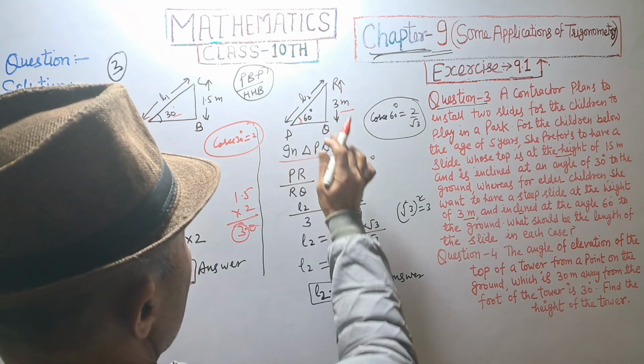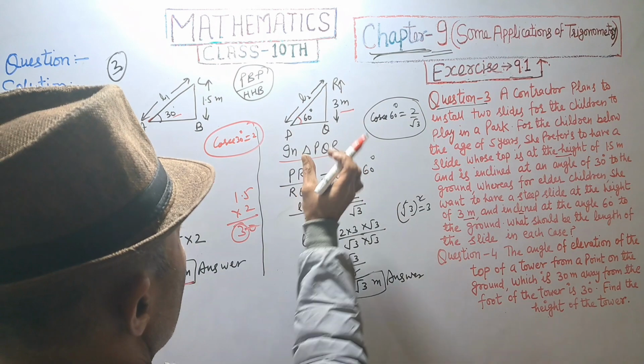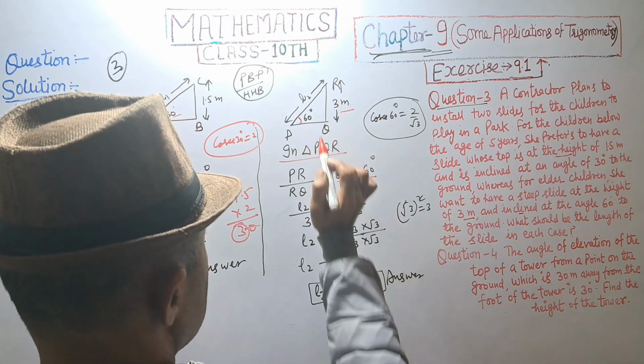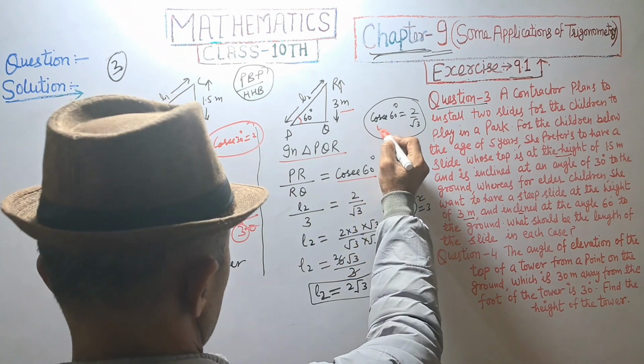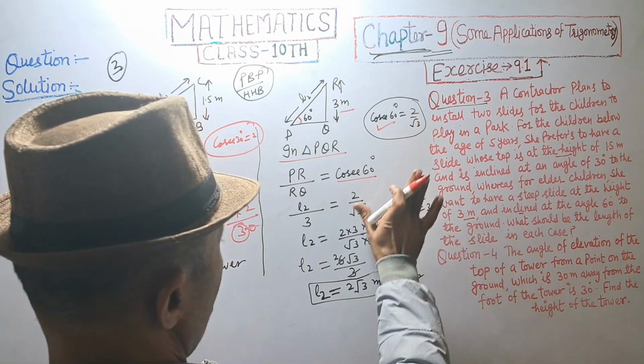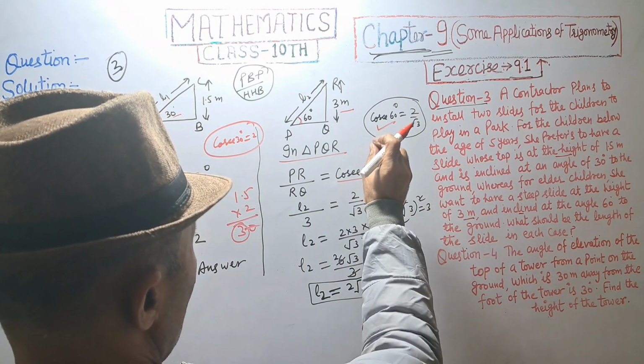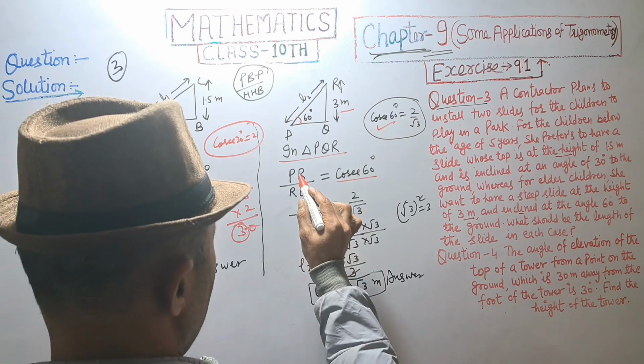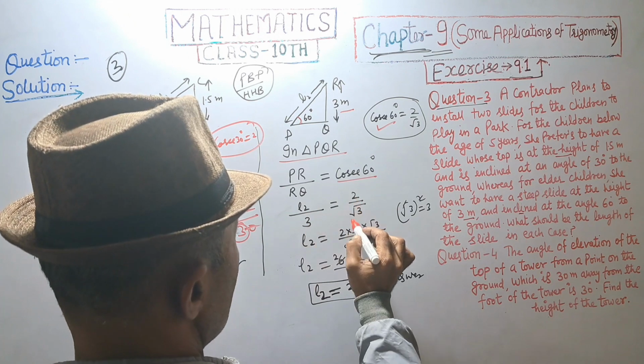In triangle PQR, PR upon RQ is equal to cosecant 60 degree. Value of cosecant 60 degree is 2 upon root 3, and L2 upon 3 is equal to 2 upon root 3.